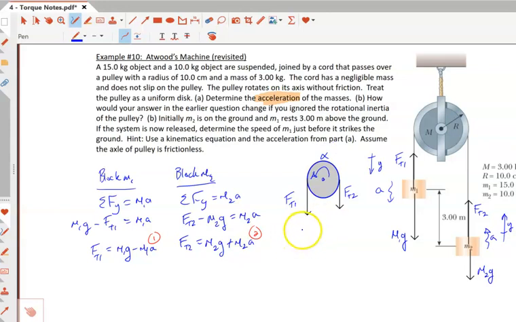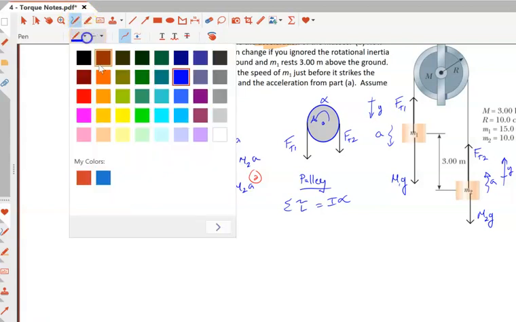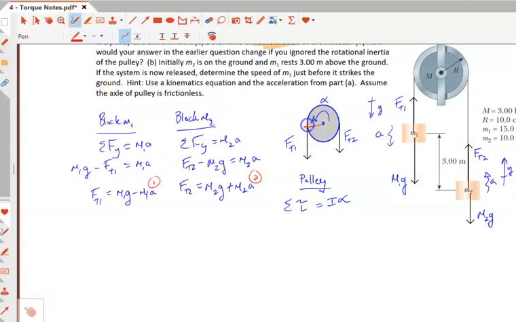Now for the pulley, we're going to apply Newton's second law: sum of torques equals I alpha. In this case, we have essentially 2 torques, and they're both acting at a distance of capital R, which I'll label in the diagram.